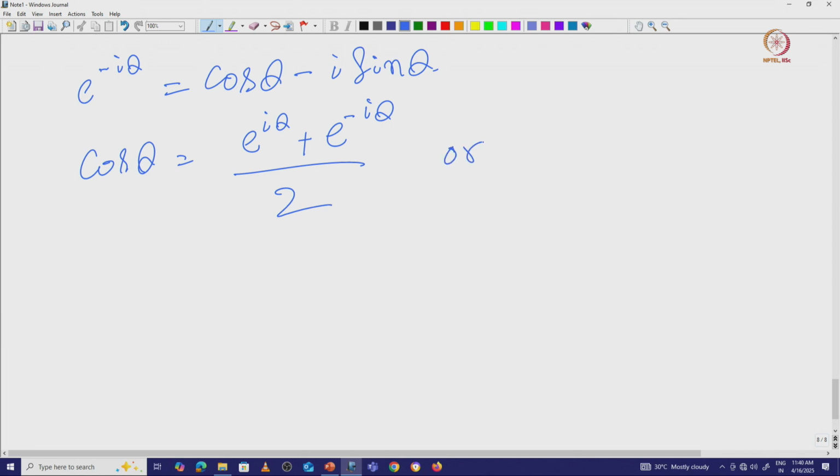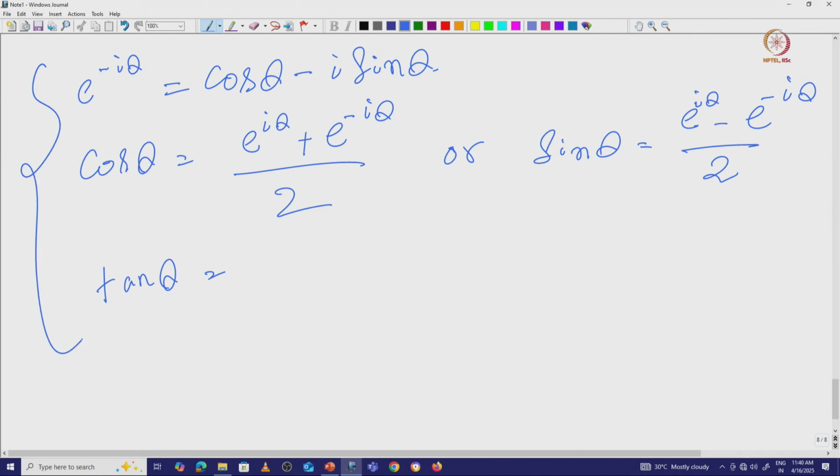If we want sin theta, we use the different sign: e to the power I theta minus e to the power minus I theta, divided by 2 I. And if this is true, we can get the angle also: tan theta, you just divide sin theta by cos theta. From this you can convert any normal function.